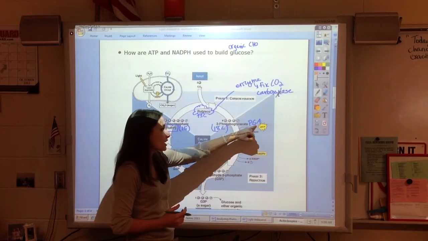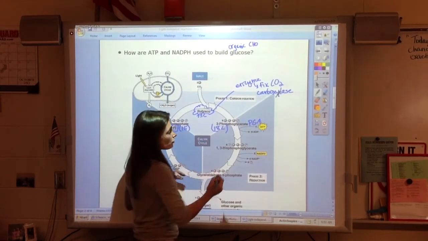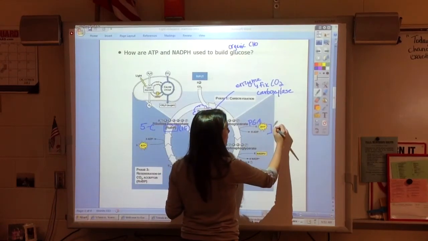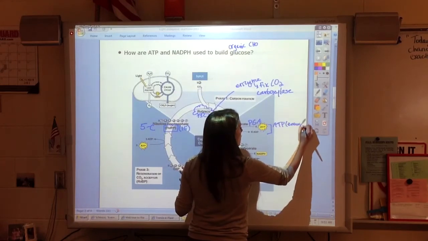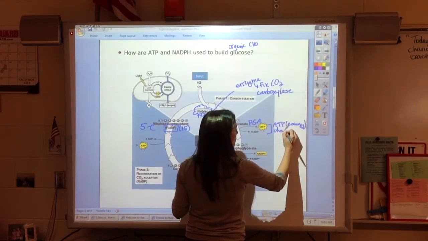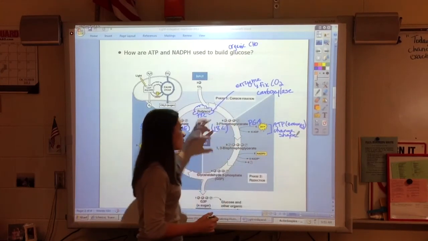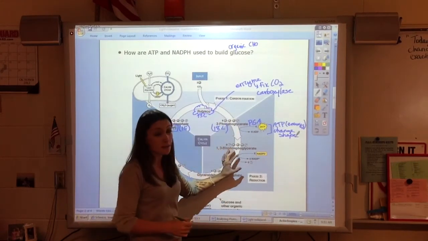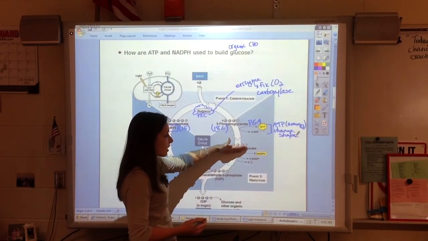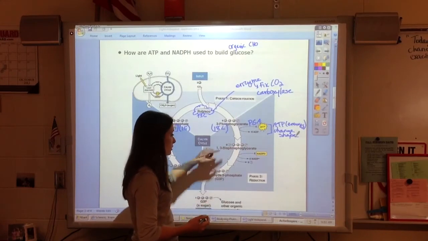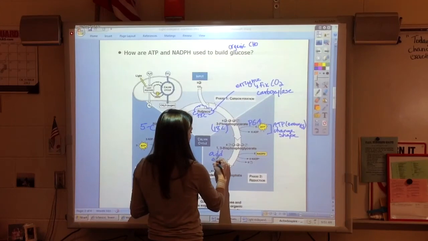What we do next is actually add phosphates on. This is going to change the shape. So really all that we're doing here is adding this ATP, this energy is helping to change the shape. We need that energy to change the shape so that it can fit with the next enzymes. What happens next is the idea of reduction. We're actually going to reduce, or add electrons.